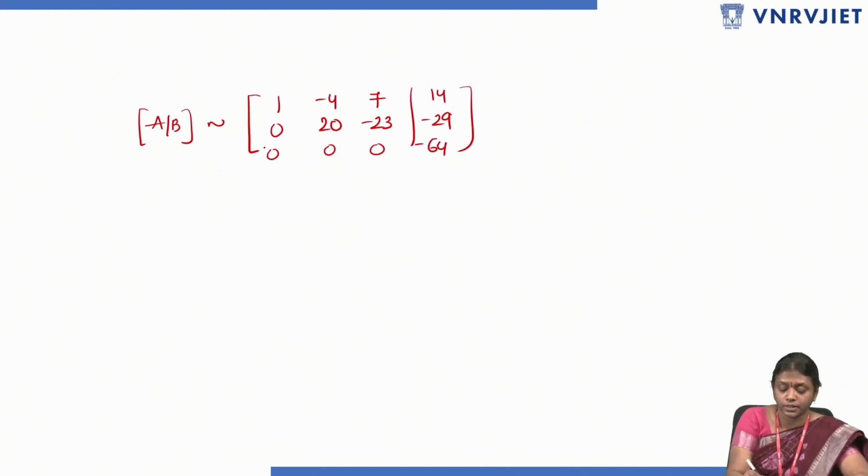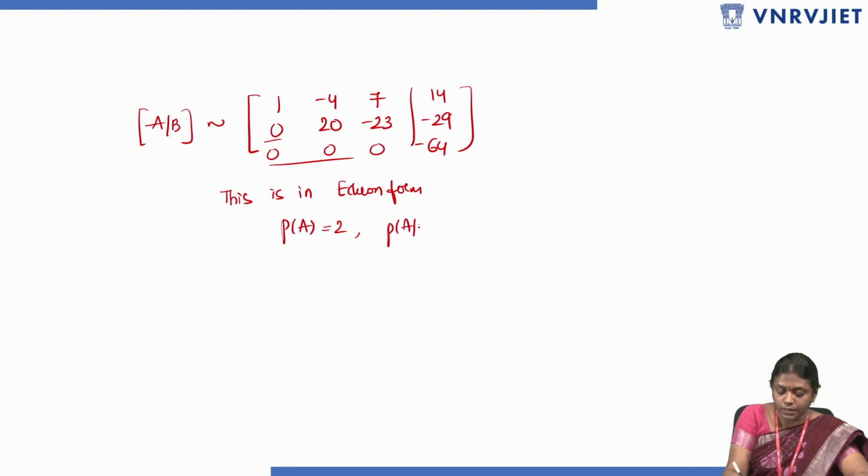Now, if you observe this augmented matrix, again the number of zeros are in increasing order. So I can say this is in echelon form. If this is an echelon form, then what is the rank of A? The total number of non-zero rows. So here 2. And what is the rank of the augmented matrix?